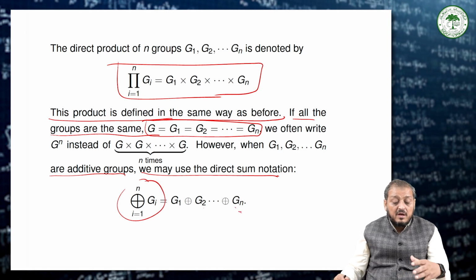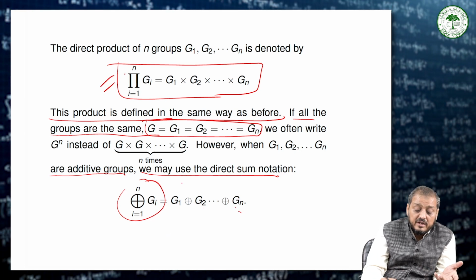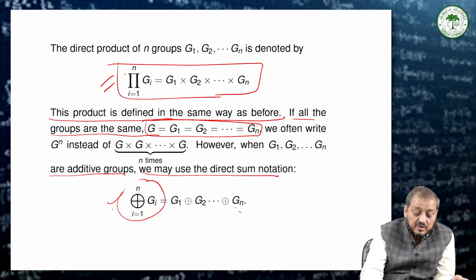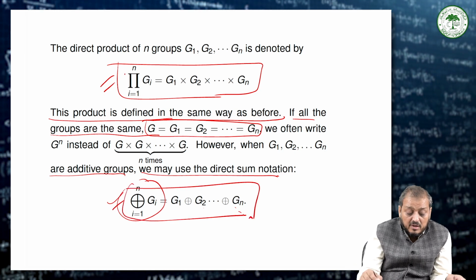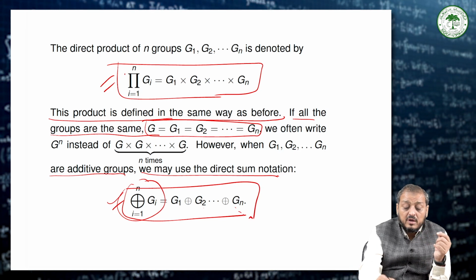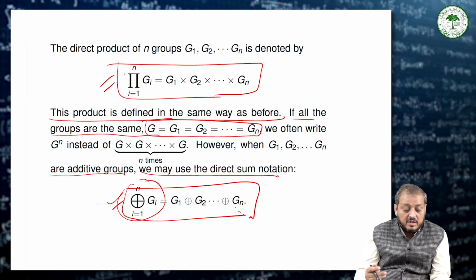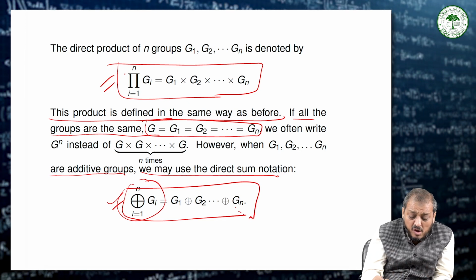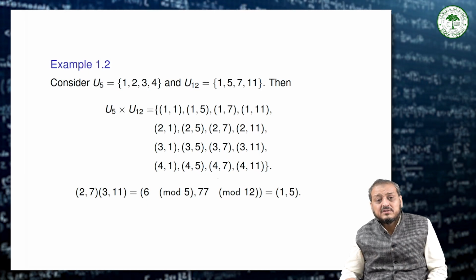If the binary operation is addition, we use this notation to simplify the group into this form. Let's start with a very simple example.